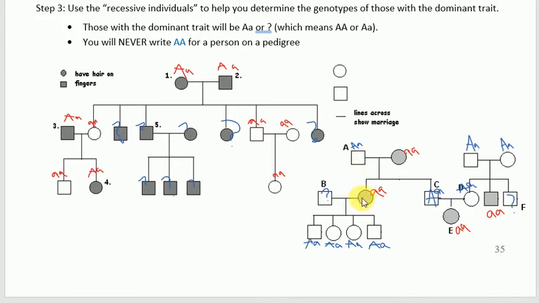This woman gets married, and they have children. Now, we don't know what the father is, because he could be big A, big A or big A, little a. But we do know that mom only has 2 little a's to give, so all of these children have to be big A, little a since they are not affected.